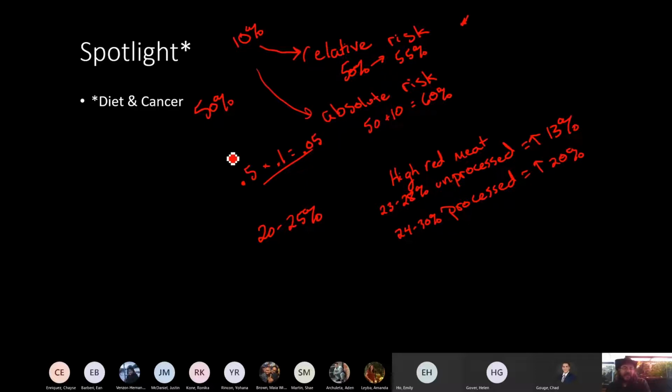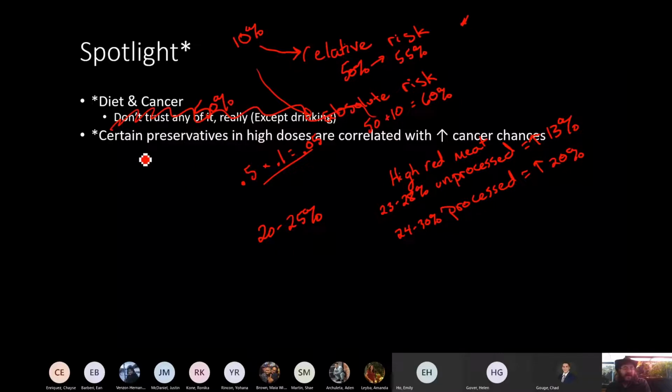And another problem with it, certain preservatives in high doses are correlated with increased cancer chances. Again, these are all correlations, all the diet studies. We don't have a ton of causative pathways, right?